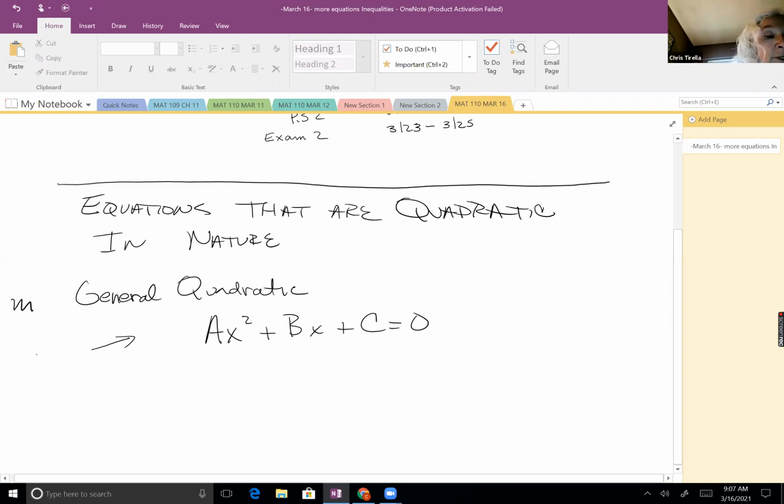What we notice is that it's a trinomial. It's in descending order. We've got one side 0. We've got a constant term.